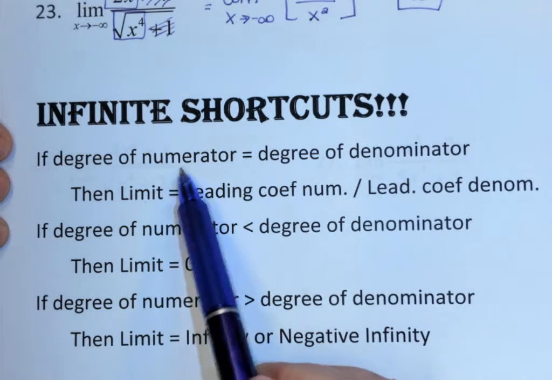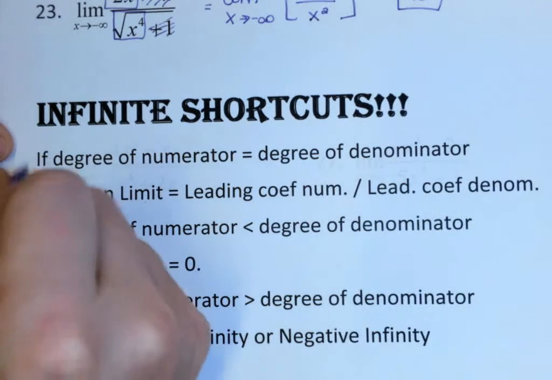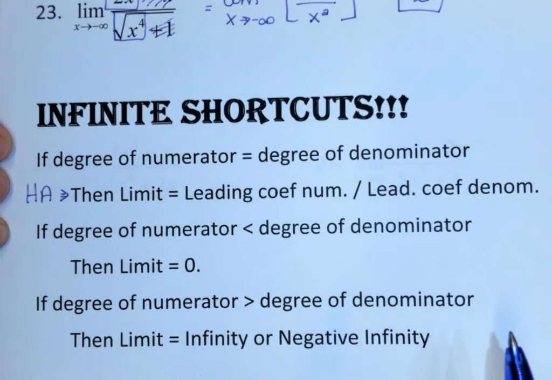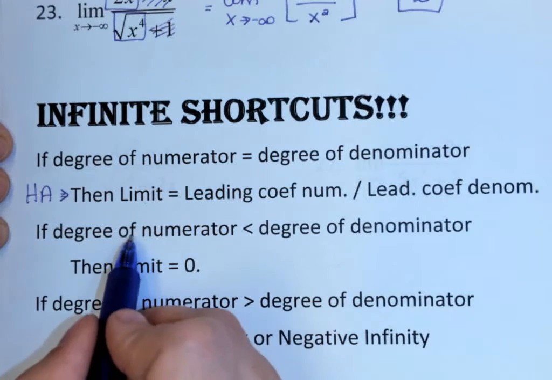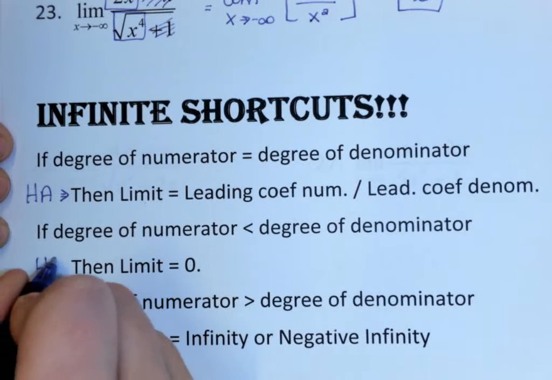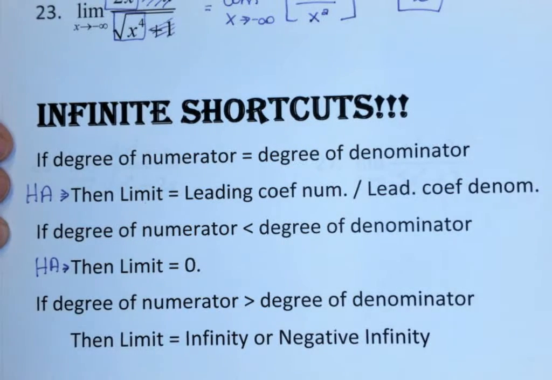So if the degree of the top is the degree of the bottom, the horizontal asymptote is the limit, whether you're going to positive infinity or negative infinity. It's just the way it's going to be. If the degree of the top is less than the degree of the bottom, then your horizontal asymptote is the same thing as the limit.